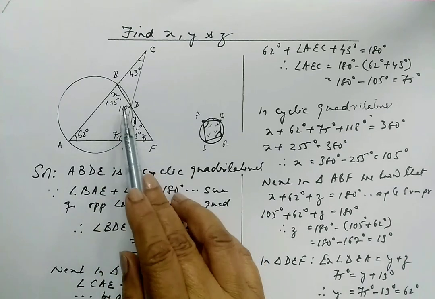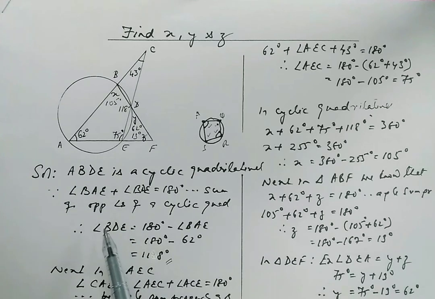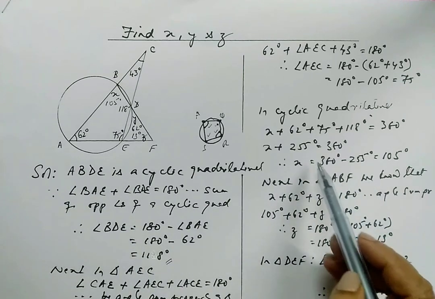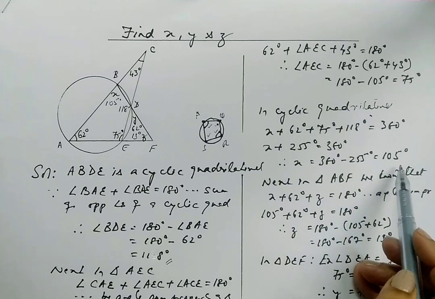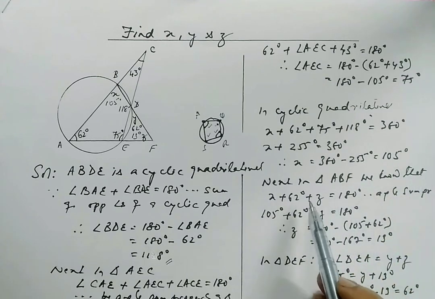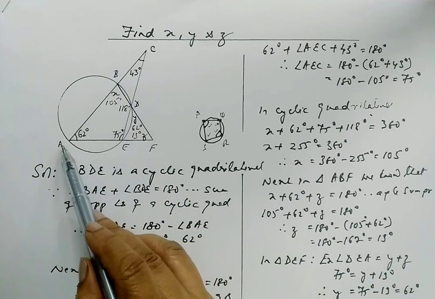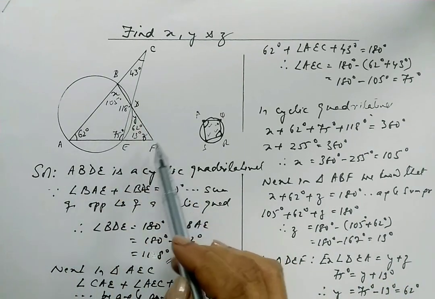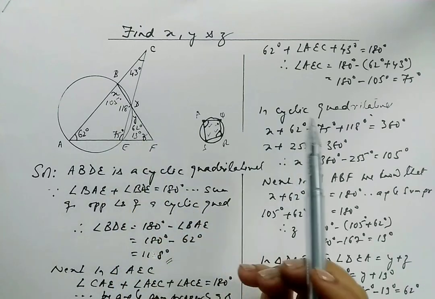Having got these 3, we know that all 4 sum up to 360 degrees. So we found the value of x to be 105. And next, in triangle ABF, these 2 were known and this was unknown, so 13 degrees.